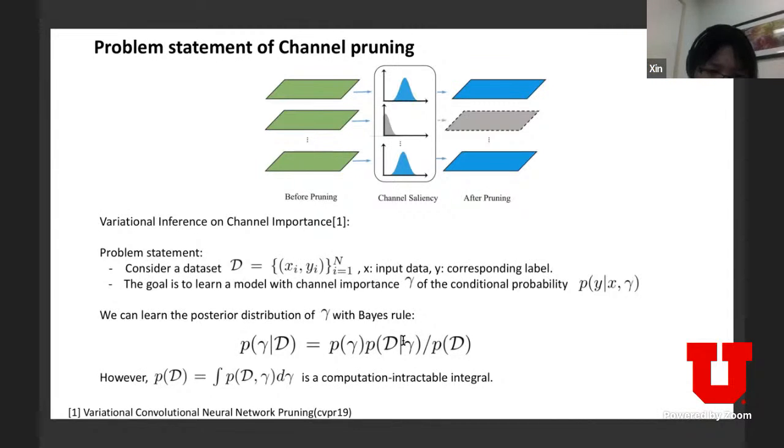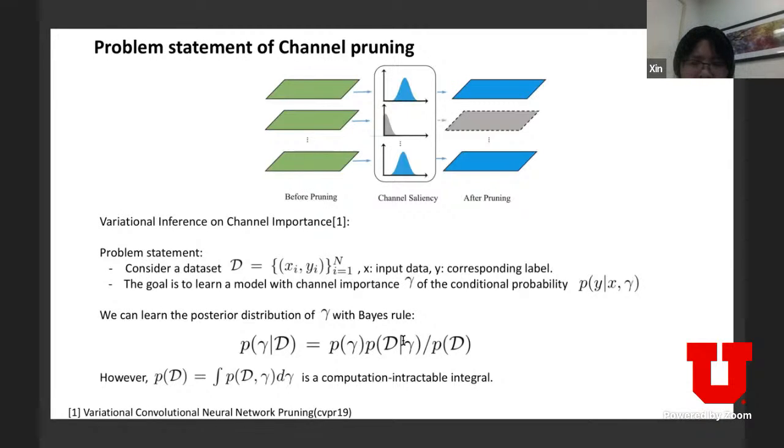I see, but I'm also curious here. Do you mean that P(D given gamma) is equivalent to the likelihood? I got confused. I think because gamma is given, you forward pass the neural network and get some predictions, and it's the same likelihood calculated. But I'm not sure P(D given gamma) is the likelihood.